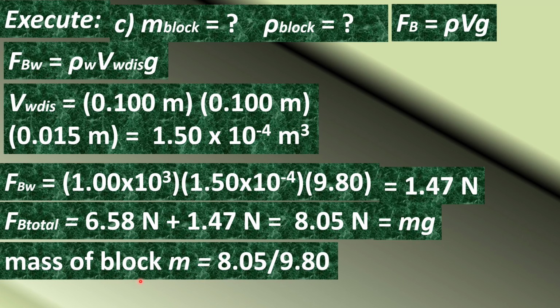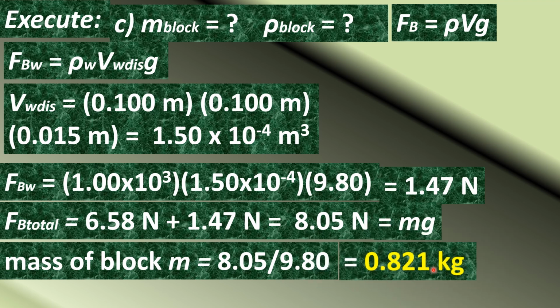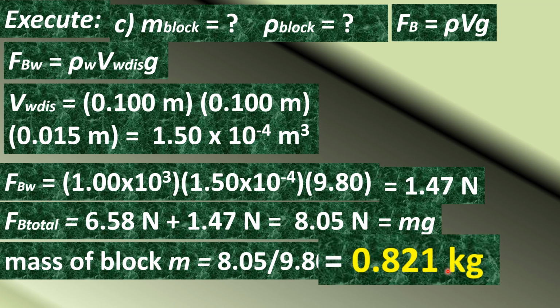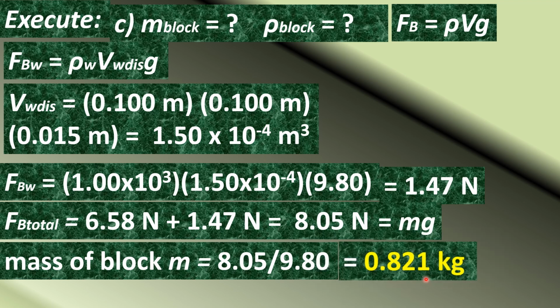So we can isolate the mass m and calculate for it by simply dividing the total buoyant force, 8.05 newtons, by acceleration due to gravity, 9.80 meters per second squared, and we get 0.821 kilograms as the mass of the block of wood.